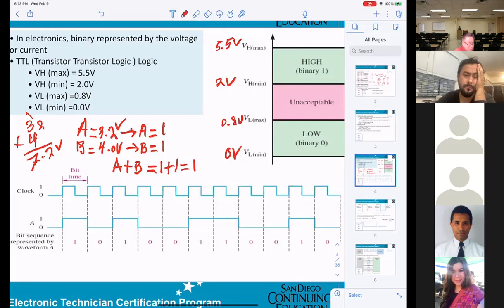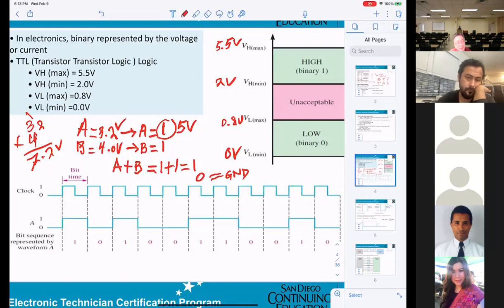Now I can tell you, 1 in the binary equivalent is normally what voltage? 5 volts. And 0 in binary is ground.